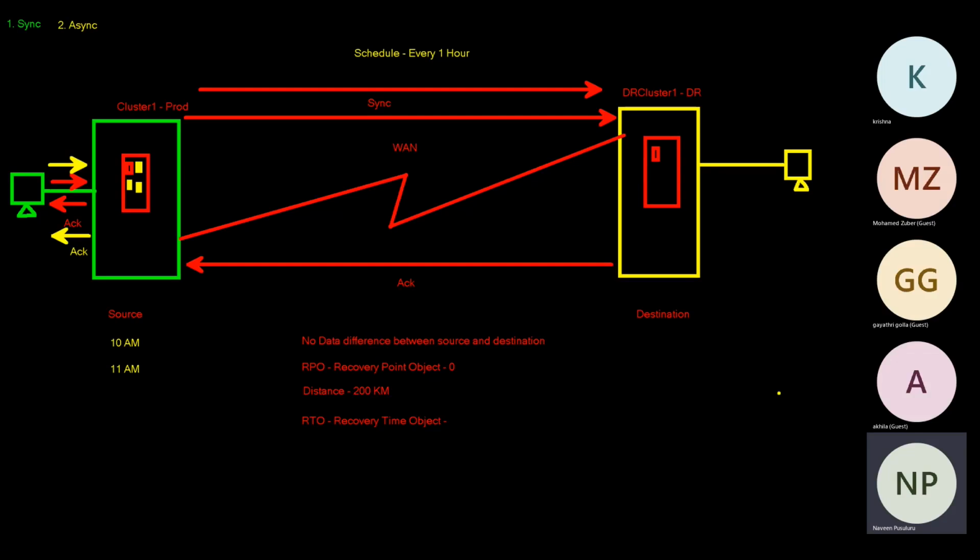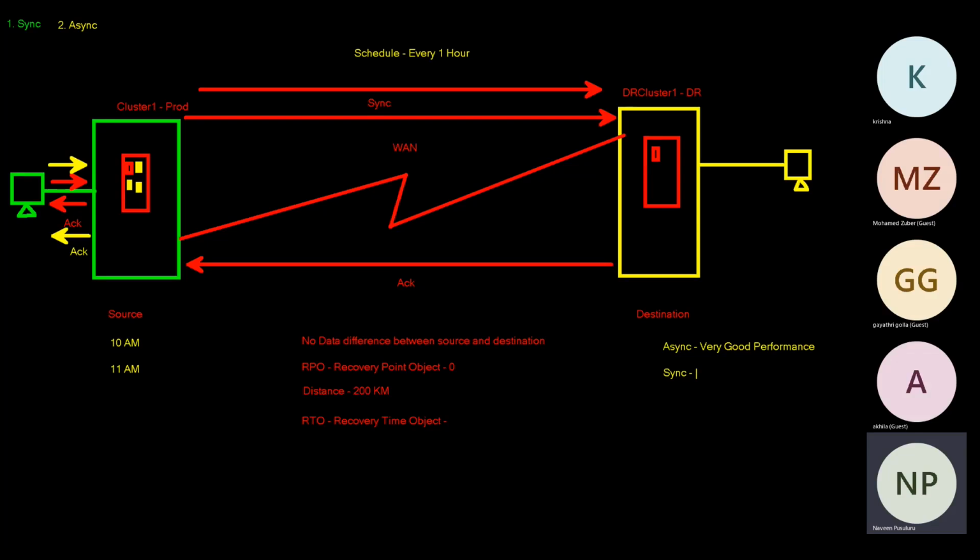Okay. So when you compare asynchronous with synchronous, async will give you very good performance. When it comes to sync, there will be a little performance impact. Again, you cannot straight away say that there will be a performance impact, but it depends on your WAN speed and the distance between source and destination data centers.